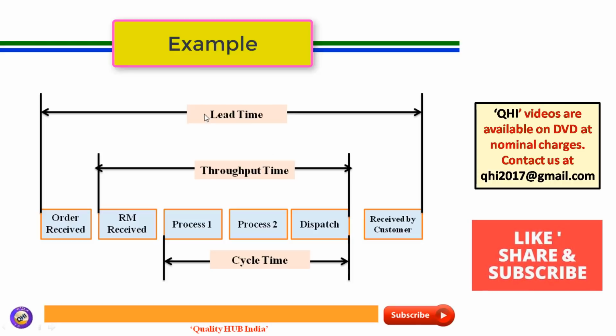So our lead time would be the time starting from the order receipt till the product is received by the customer, and throughput time would be the time starting from receipt of raw material to the end of dispatch, and the cycle time would be the start of the manufacturing process after raw material receipt till we end our dispatch.